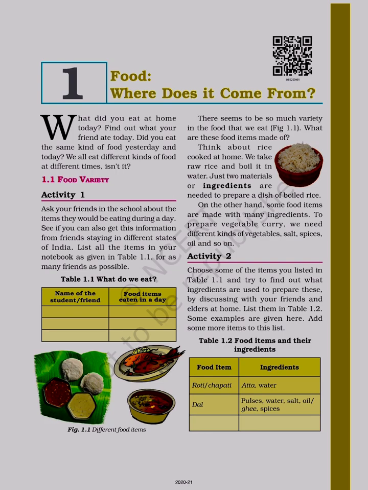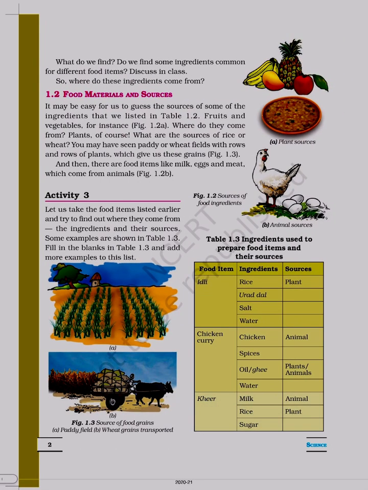Food item: roti, chapati. Ingredients: atta, water; dal, pulses, water, salt, oil, ghee, spices. What do we find? Do we find some ingredients common for different food items? Discuss in class.